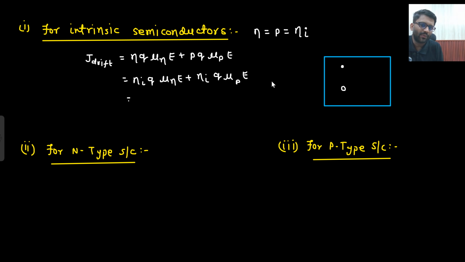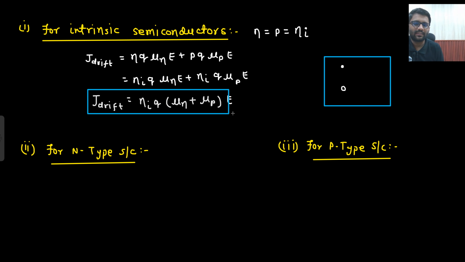Ni into Q into E. So Ni Q (mu N plus mu P) into E. Basically the only difference is mu N and mu P. So this is your drift current density, and if I need to find the current, I will multiply with the area. So this is the drift current density for intrinsic semiconductor.